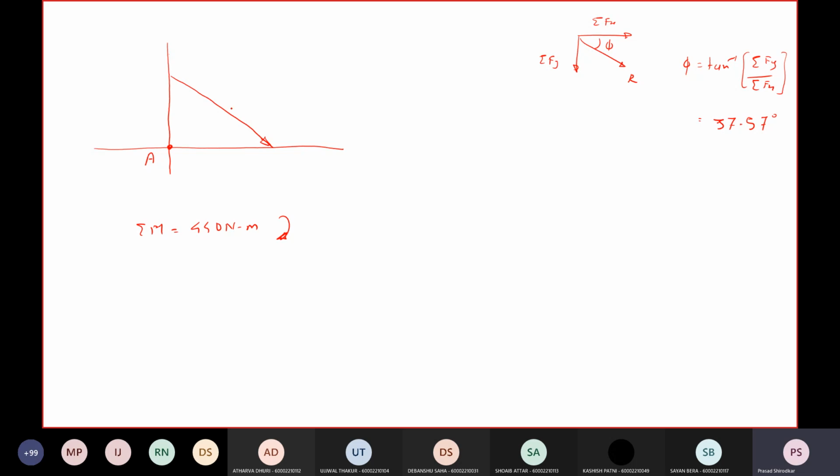So this is the resultant, right? And this is your arm AB. And this is the angle, that is 37.57.